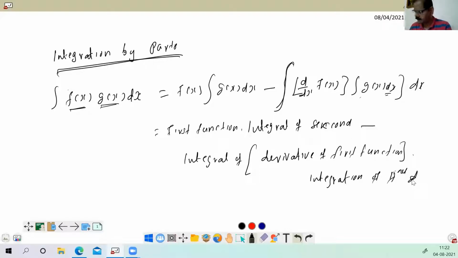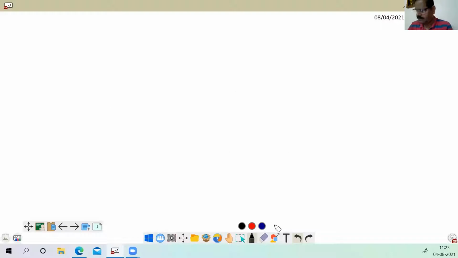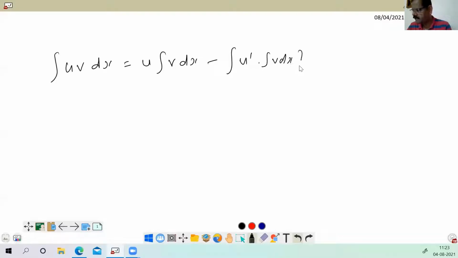Second function. Instead of f and g, we can use u and v also, no problem. If u and v are two functions of x, then integral uv dx is equal to u into integral v dx minus integral of derivative of u, which we can denote by u dash, into integral v dx, whole dx.